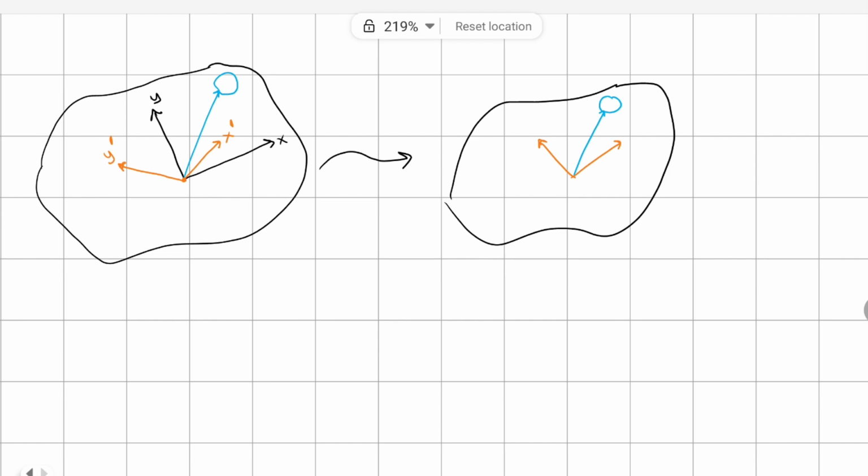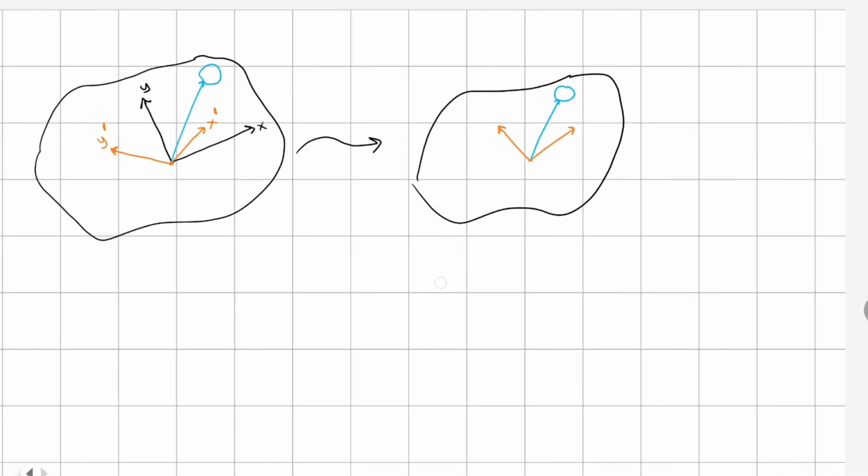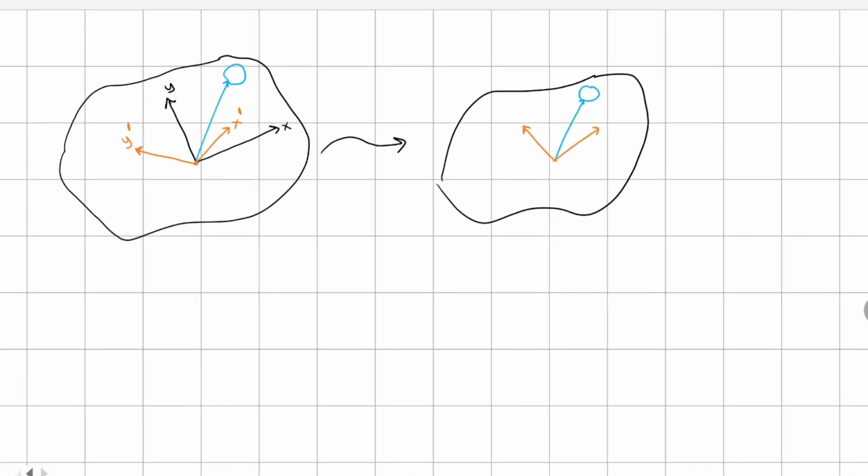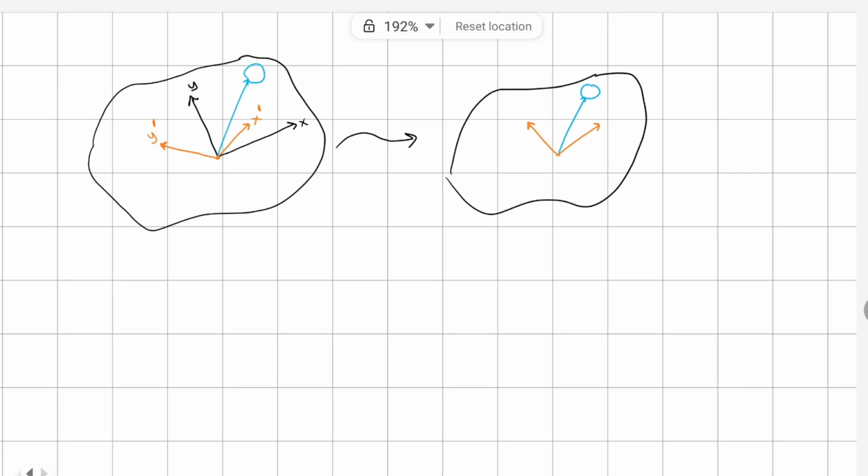This is something that we have been watching in previous videos. In the video of the inertia tensor of the rigid body, we showed some relations that are going to be very useful in this video.